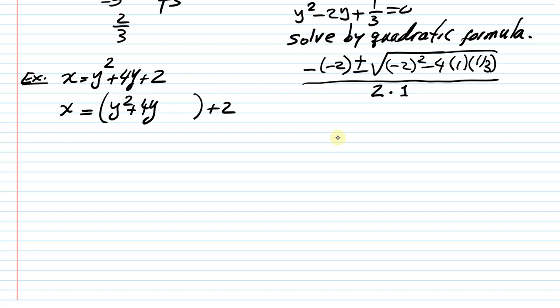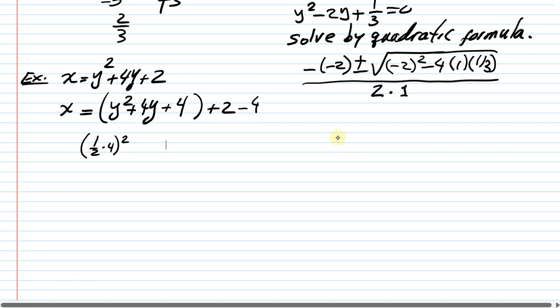So half of the coefficient on y is 4, 1/2 of 4. And then we got to square it, right? So I'm going to go half of 4 squared. That's what we're going to add. Half of 4 to 2 squared is 4. So that's going to be plus 4. And on the same side, I'm going to subtract 4. So I haven't changed the equation. See, 4 minus 4 is 0. And there we have it.